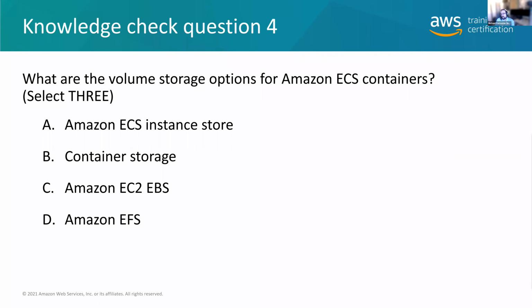Typically, we don't recommend you use that because it's temporary. EBS, which is persistent storage, so that's the hard drive service for EC2. And then EFS is the NFS file storage for EC2. Container storage is temporary, so that's typically not a volume storage option because you get that by default. It's not a volume. It's automatically created for you and you can't manage it. So container storage is the one that is not part of the volume storage options.